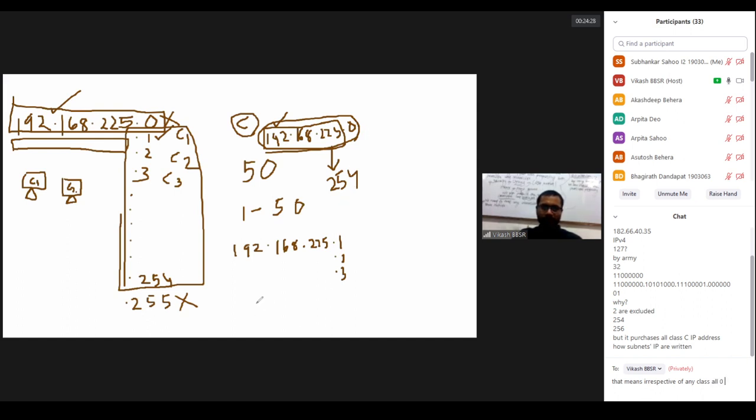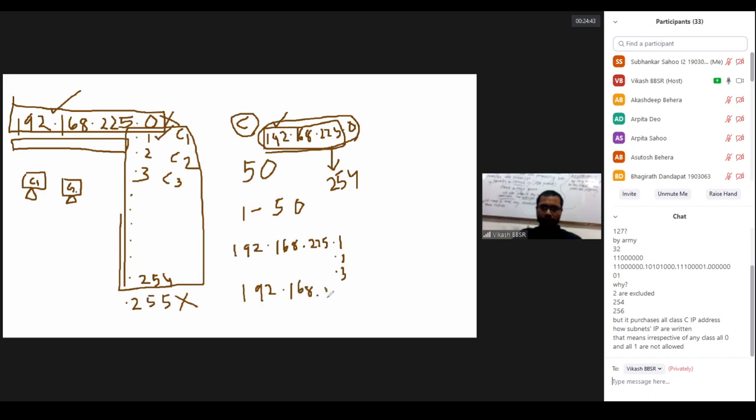When this completes, it will go for the next change, 122.168.226. Then 1, then 2, then 3, like this.